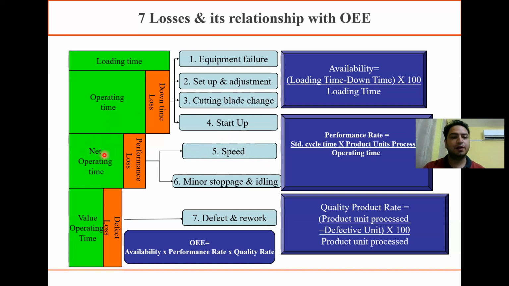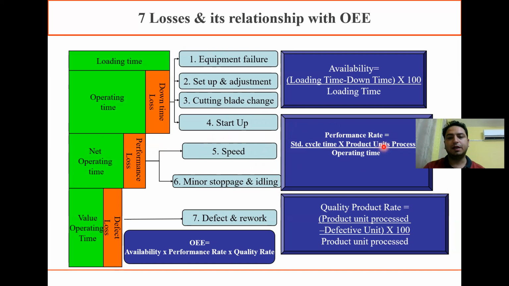From the operating time we subtract the performance losses: as per the standard cycle time we are not operating, our time is more, we are operating at a higher cycle time. So there is a loss in performance due to this 100 rpm speed gap.